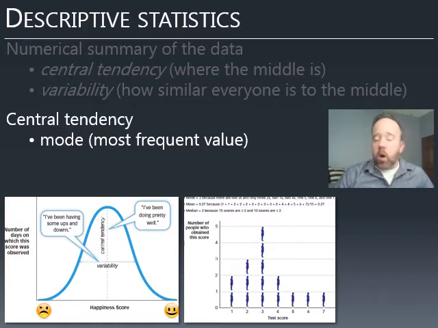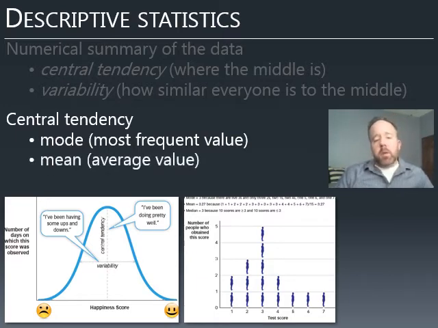We can look at the curve or the data on the right and figure out what is the most common measurement. For the happiness study on the left, it is the peak of that curve. Whatever measurement that lines up with is the mode. In the picture on the right, the mode is 3. If you look at the observations, the value 3 has more observations than any other, so it's the mode.